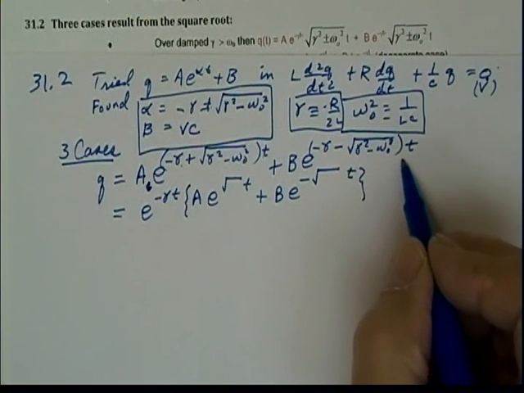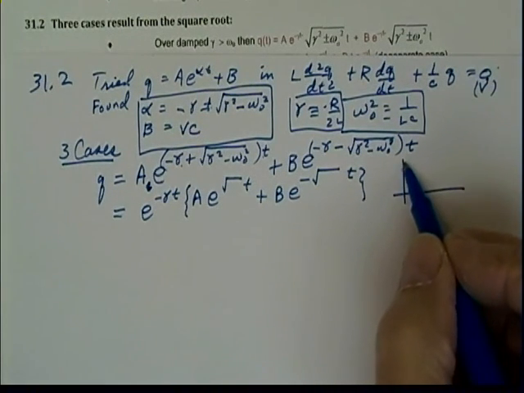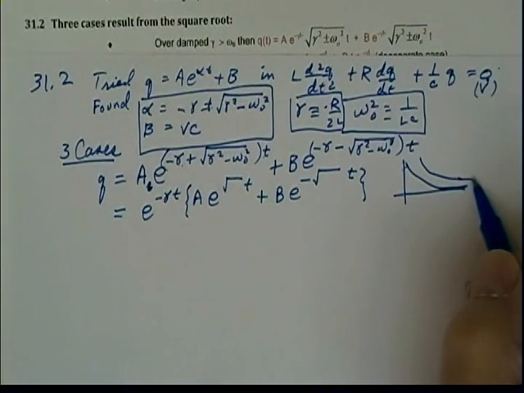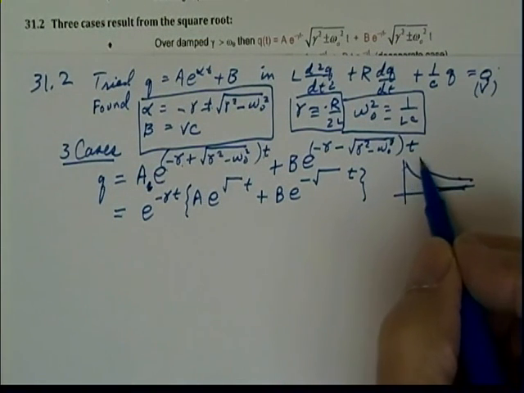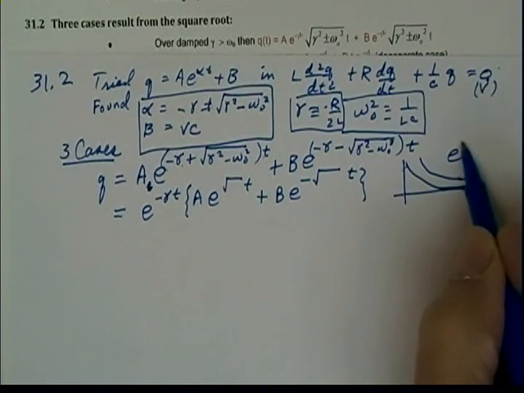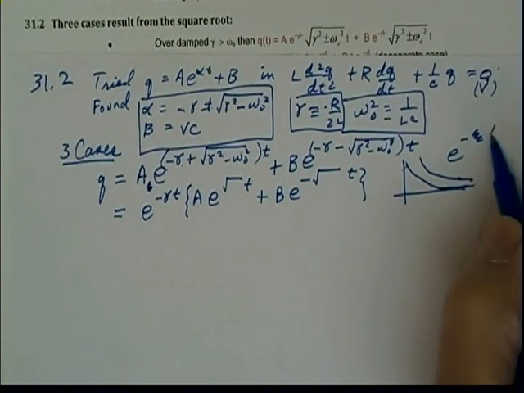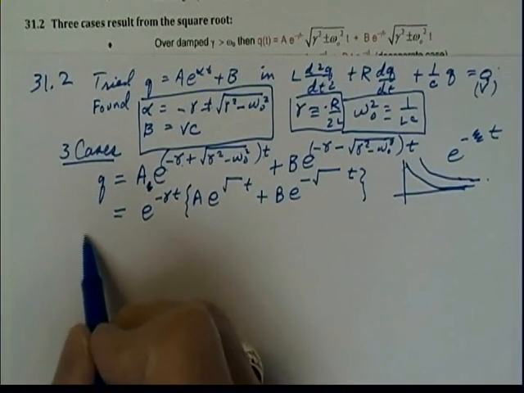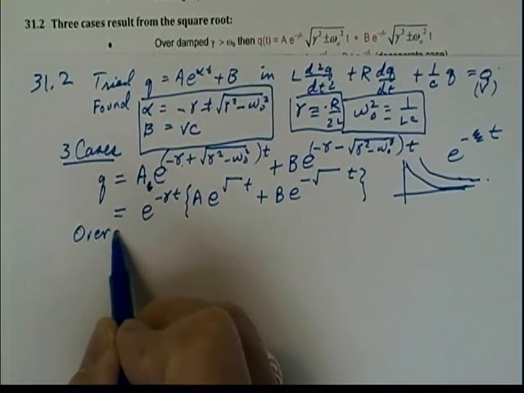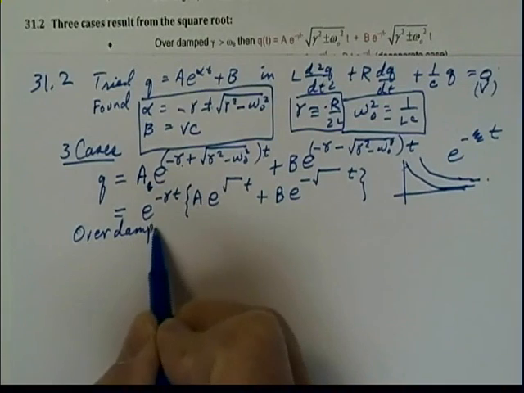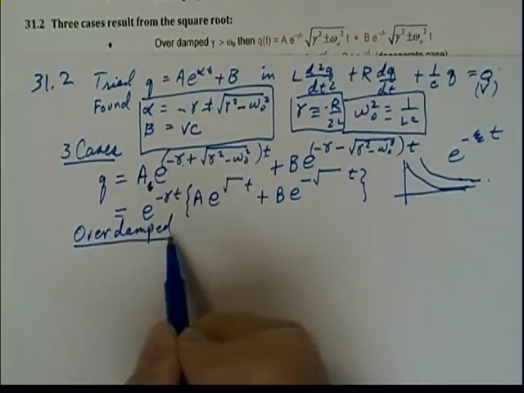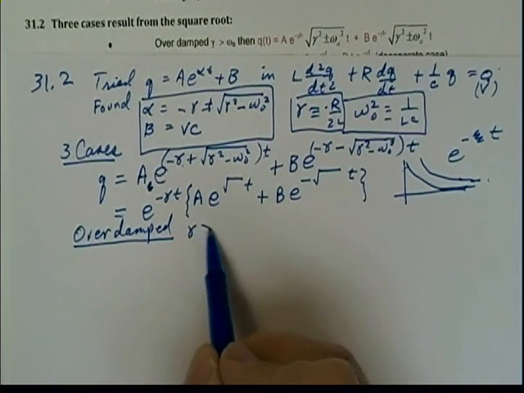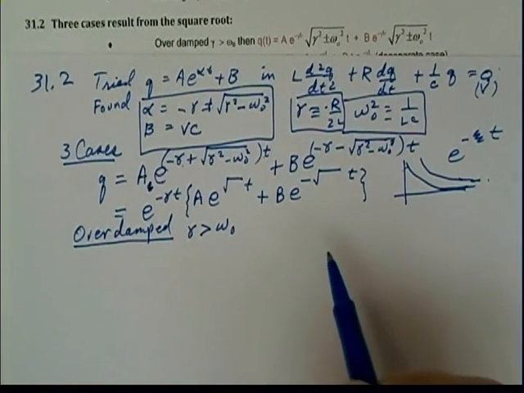So what we have as our solution are a combination of two terms, both of which are decreasing exponentially, as e to the minus something times t. And both of these decrease, and this is called the overdamped case. Overdamped case is where gamma is greater than omega naught.